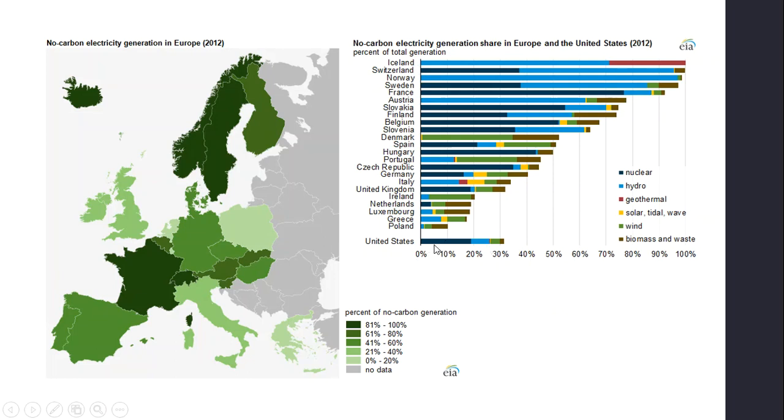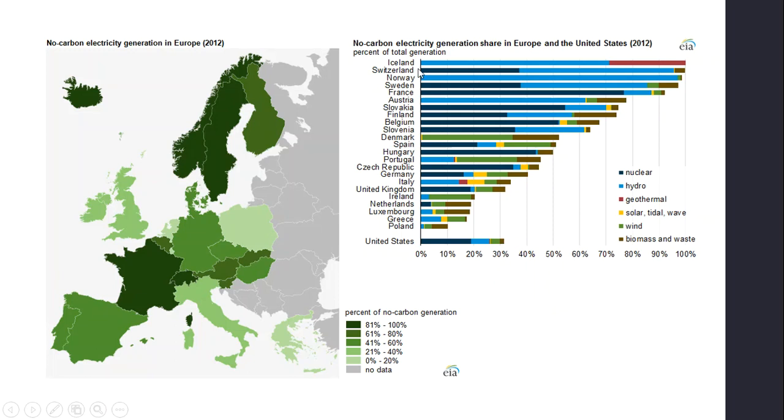If you look at the United States here, this is our no carbon electricity generation. About 20% of our electricity is generated from nuclear. Then we have hydroelectric power from high dams, and then a little bit of wind power, some solar that's making a bit of a gain, and some burning of biomass and waste.